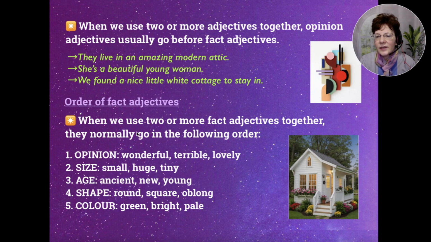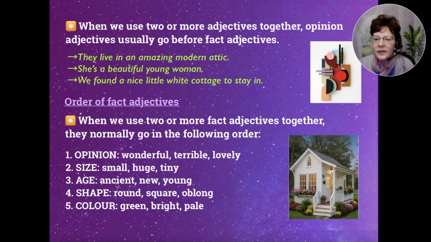All right, let's talk about order of fact adjectives. When we use two or more fact adjectives together, they normally go in the following order. Opinion is always first: wonderful, terrible, lovely, for example. Size: small, huge, tiny. Then age is next.